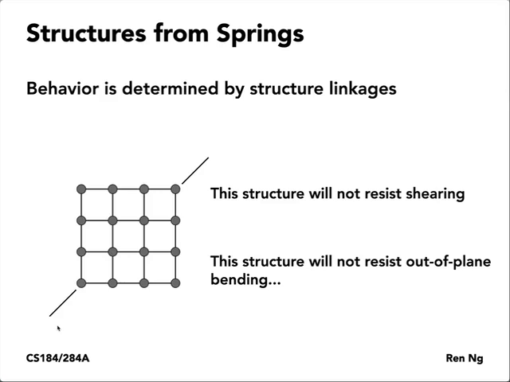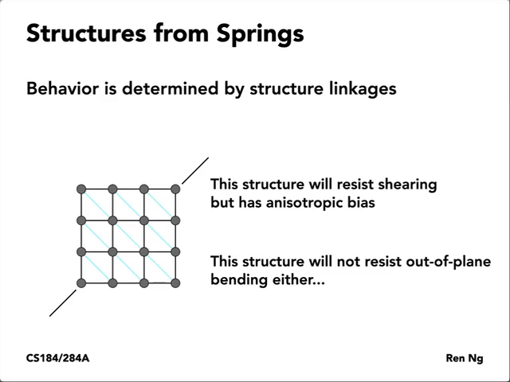It also turns out it doesn't resist bending out of the plane of this sheet, because the springs only exert force along the line or the vector direction connecting individual particles in the mass spring system. Here's a second try. We could enhance it by adding additional lines here as shown in teal.